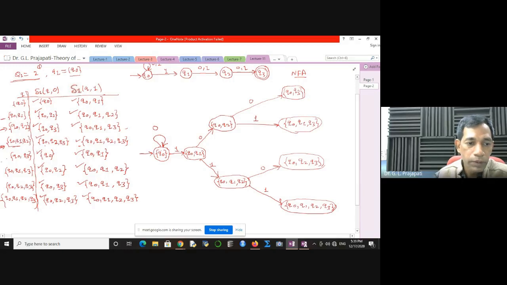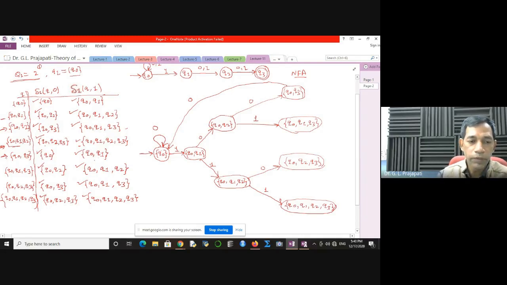Now you can see the transition from Q0 Q3. Whenever you are at Q0 Q3, for the case of 0 you are going to the state Q0. So from Q0 Q3, for input 0 you are going to Q0.